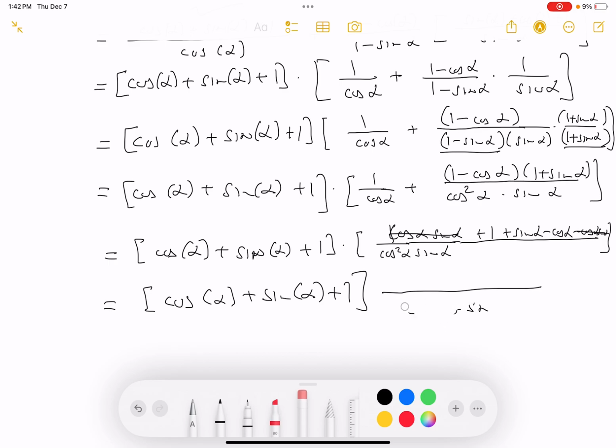Let me get the eraser out again. I'm so used to saying alpha, and then I'd say theta: cosine squared alpha, sine alpha. On top, what do you get? 1 plus sine alpha minus cosine alpha. Let's see what I got there.